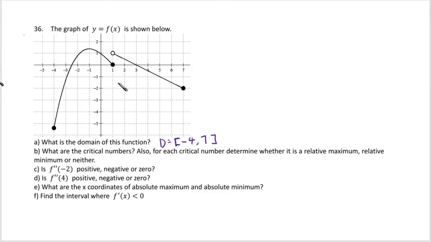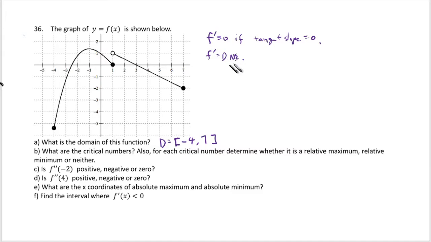Okay, so first, remember, critical numbers cannot be endpoints, so endpoints are excluded. These are points where f prime is 0 or f prime does not exist. Now, f prime is 0 if the tangent slope is equal to 0. And f prime does not exist.